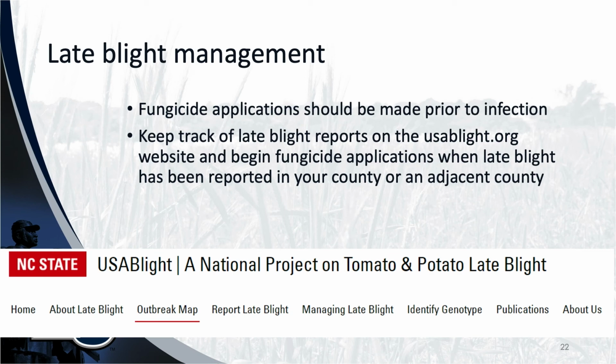Another important thing, as I mentioned, in the last 10 years, we did not have a late blight problem, but because of the importance of this disease, or the way how quickly it destroys the plant, you have to keep track of the disease.